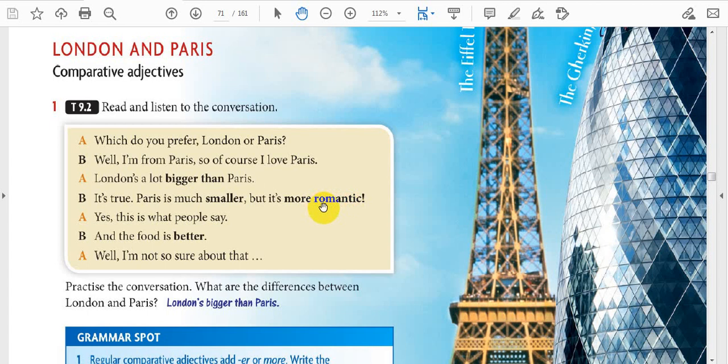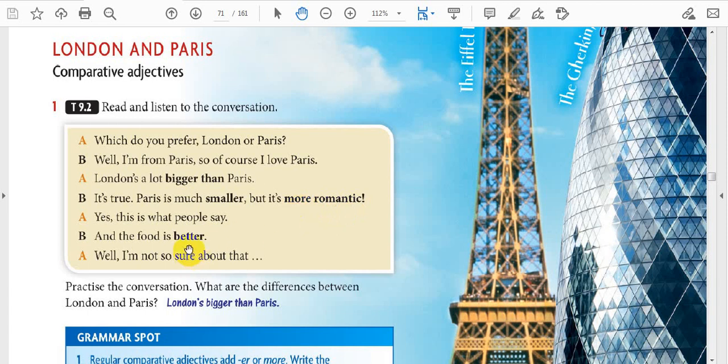So look for the vowels in romantic: 3 syllables here. When we look at the pronunciation of the word romantic, we find the 3 vowels and the 3 syllables. So if we have 3 syllables or 2 syllables, we add more before the adjective when we compare between the 2 subjects.